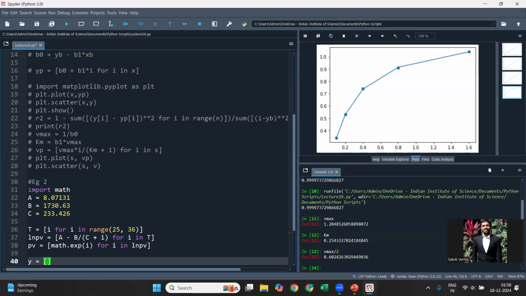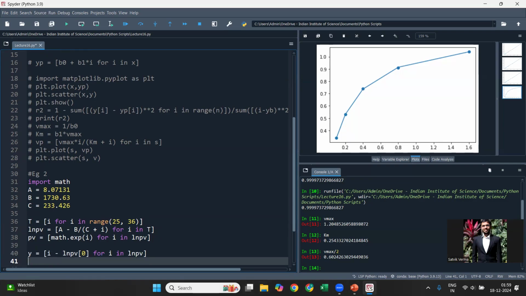So Y is ln P vapor, let's just call it i, minus ln P vapor naught, which is the 0th value of this array, for i in ln P vapor, right? So from here you see that for the first value, this would be 0 and then it would increase, right?